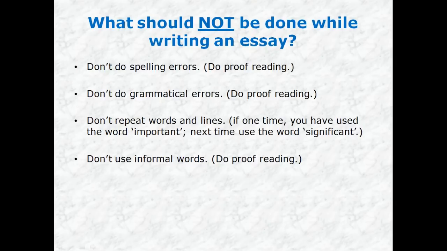The third important thing is don't repeat words and lines when you are explaining your ideas. Say, if one time you have used the word important, the next time use the word significant. Lastly, don't use informal words, and to check these things, do proofreading again.